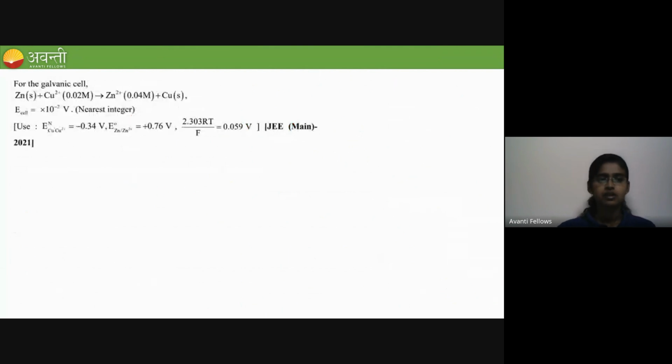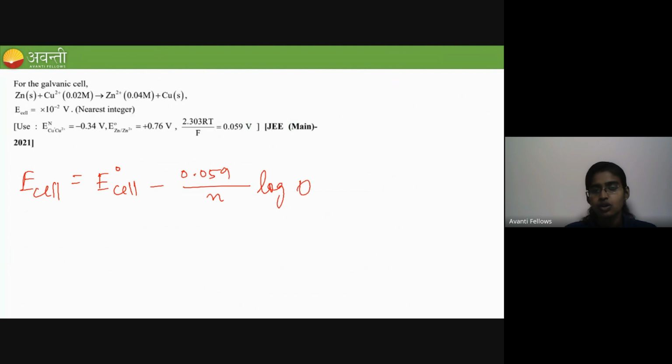For the galvanic cell, zinc plus copper 2 plus giving zinc 2 plus and copper, the E cell value is dash. We have some values in the question and we have to find out the E cell. So from the Nernst equation, we know that E cell is equal to E naught cell minus 0.059 divided by N into log Q. Right.